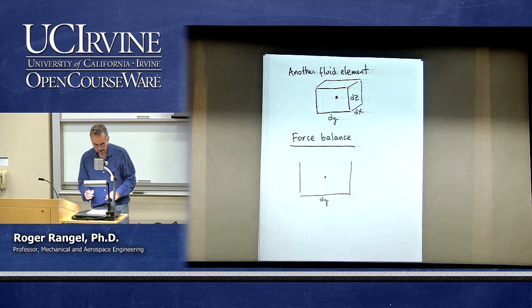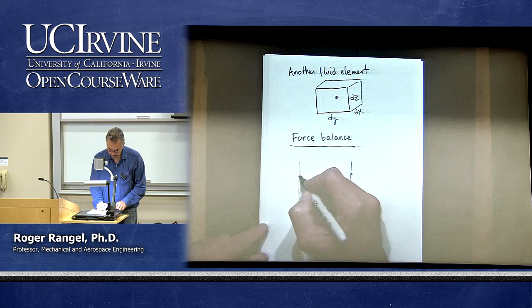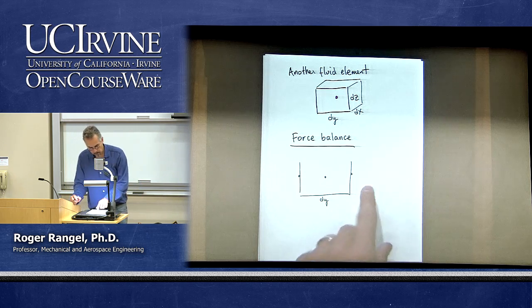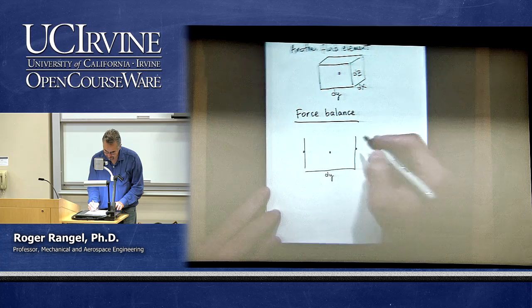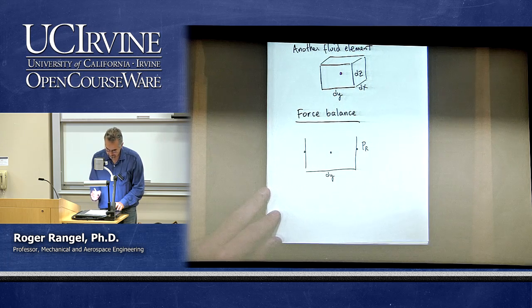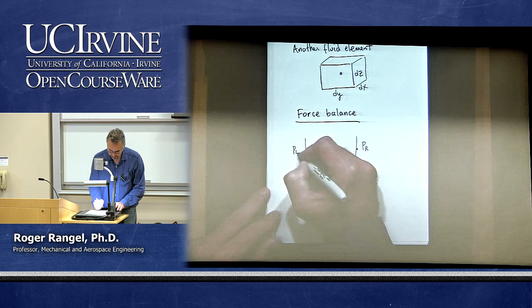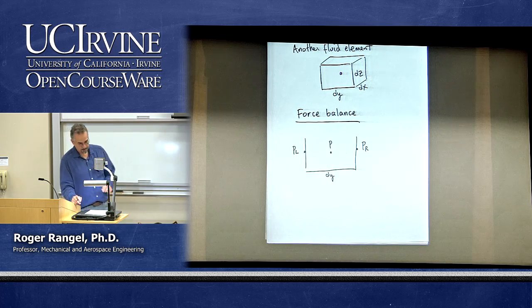And I want to evaluate, for example, the pressure here or the pressure here, I am going to do it in reference to the value of the pressure at the center. So let's say, for example, that I call this the pressure on the right, and I call this one the pressure on the left, and the pressure at the center, I just call it P.